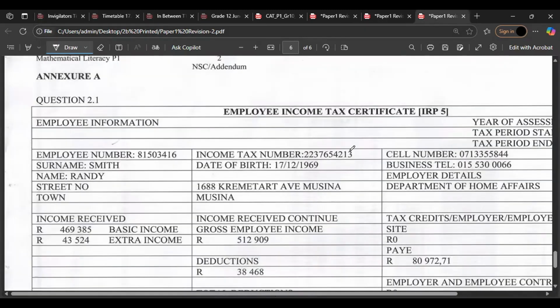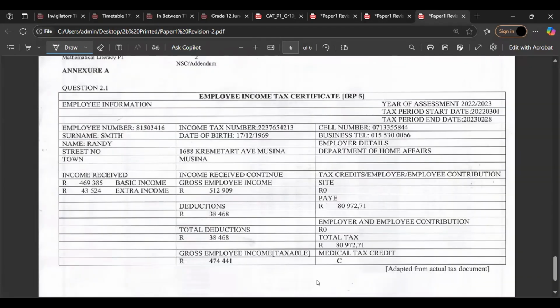That is what we call the IRP5. In simple terms, it's the annual pay slip. Values that are here.